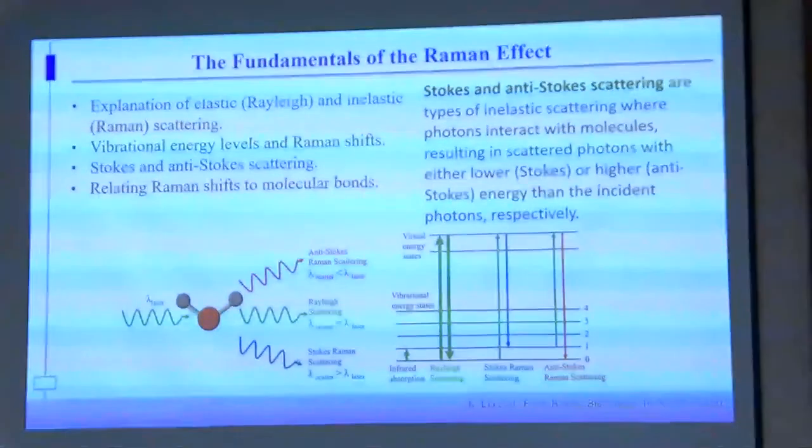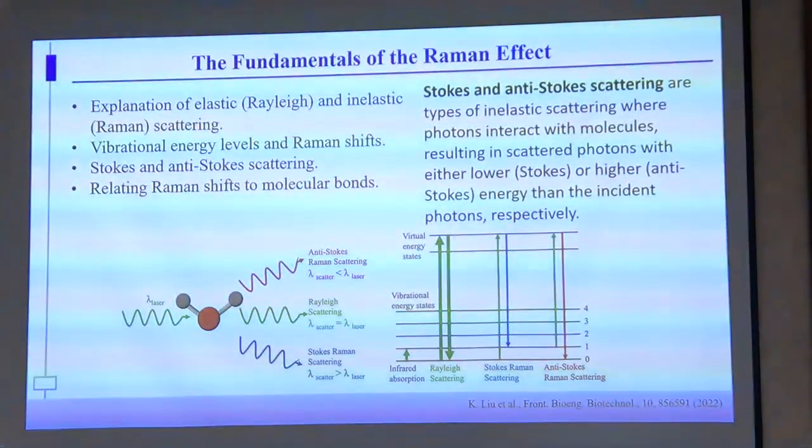First is Rayleigh scattering, where it goes from infrared absorption to the virtual energy state. Second is Stokes-Raman scattering, where it goes from bottom to top but stops one step before. Third, it starts one step up and comes down to the ground. So these are three different types of scattering.